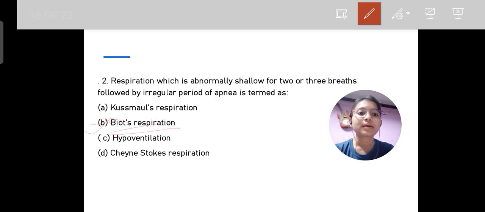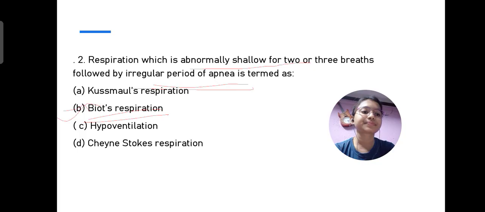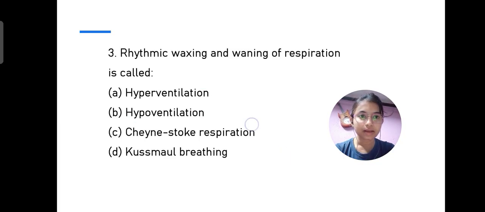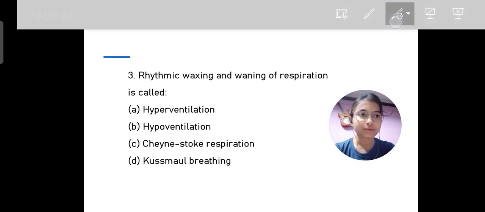We already discussed that there are abnormally shallow 2 to 3 breaths, then there is the period of apnea. Okay, so this question, the waxing and waning, during discussion I have told that this is the Cheyne-Stokes respiration.